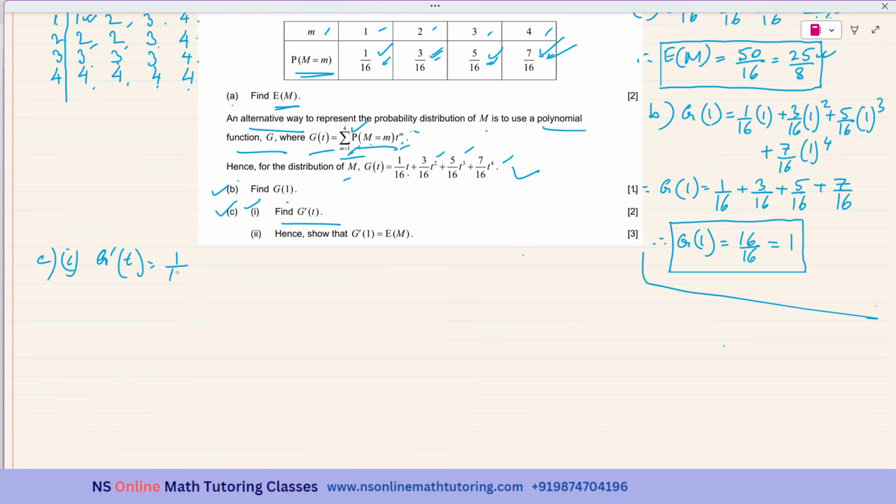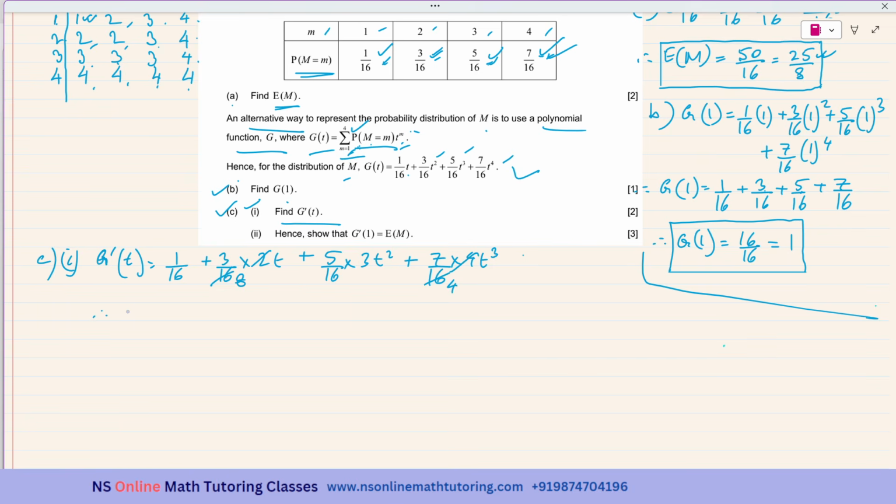It is 1 over 16 plus 3 over 16 times 2t plus 5 over 16 times 3t square plus 7 over 16 times 4t to the power of 3, or t cube. Okay. So I can cancel these two, and this also will be getting cancelled.